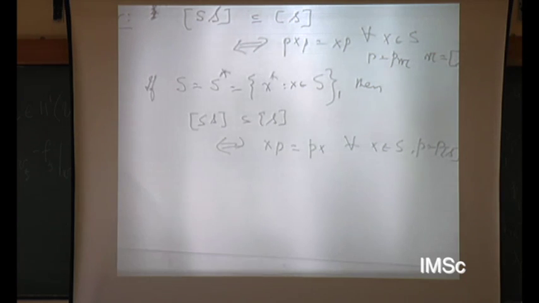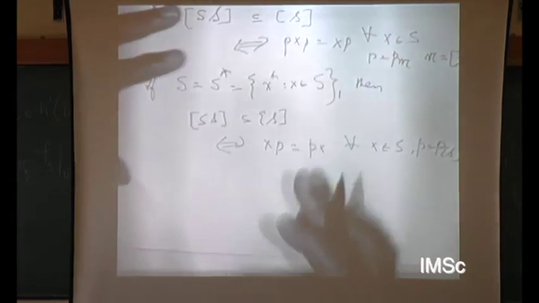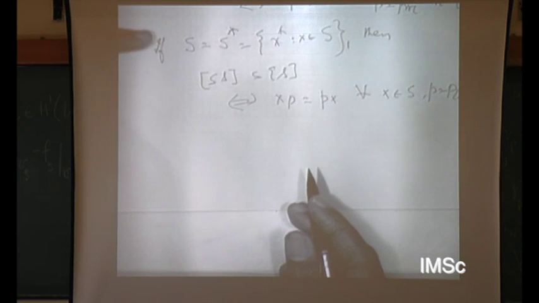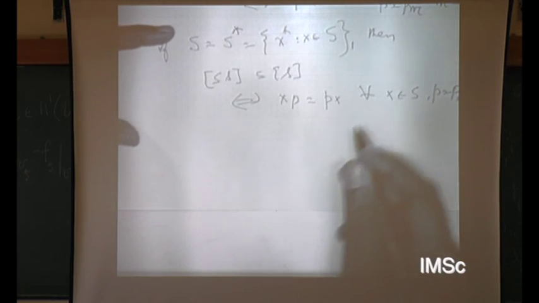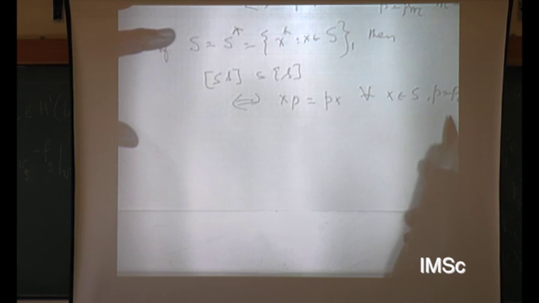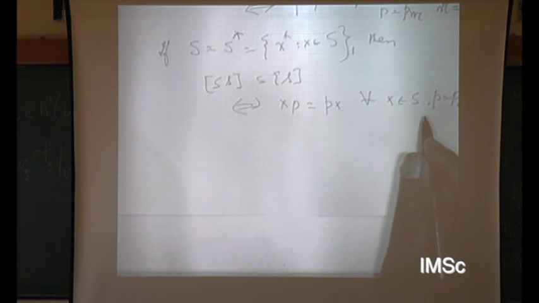To say that xP equals Px means that the 1, 2 entry and 2, 1 entry should be 0. That's exactly what I was saying before. That is, every element of S must commute with P. That is what this says.